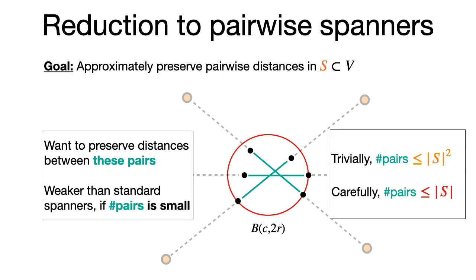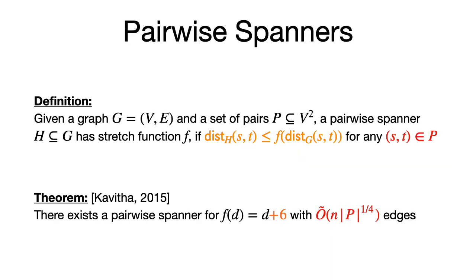More specifically, it is clear that the number of segments is at most s squared. With a more careful analysis, we can show that the number of segments is actually linear in s. Now, it is natural to introduce the notion of pairwise spanner. In a graph, together with a set of demand pairs, a pairwise spanner has stretch function f if the distance between any pair in the demand pair set is bounded by f of their original distance.